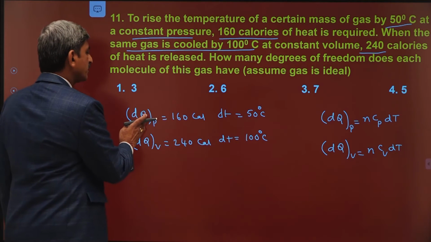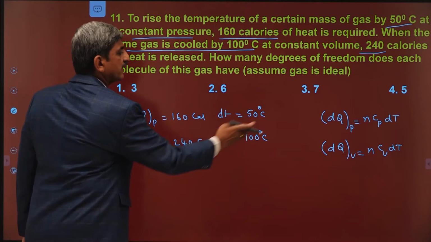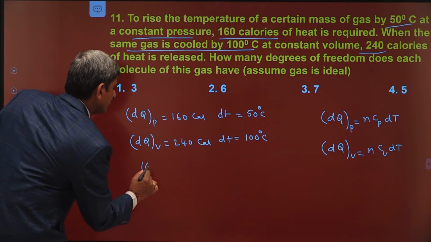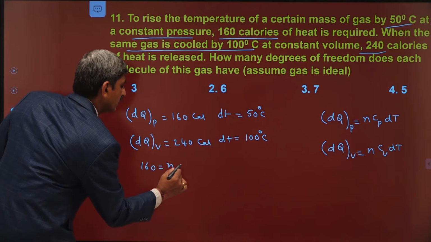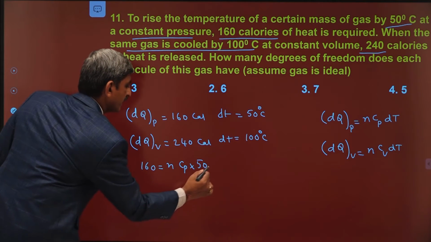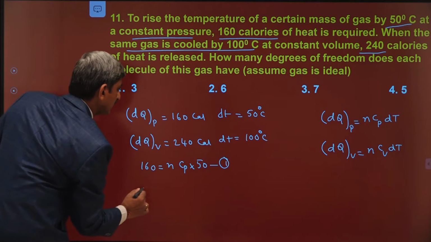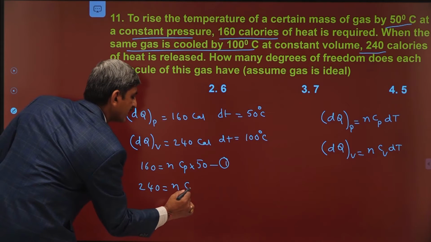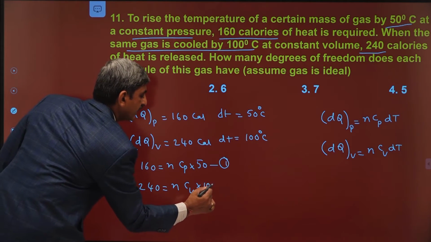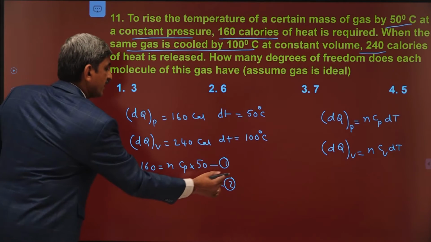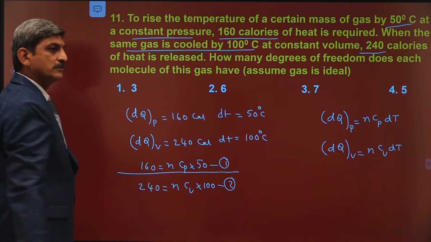Now substitute these dQp, dQv, dT values in the equations. Then we get 160 is equal to n Cp into 50, let it be equation number 1. Next, 240 is equal to n Cv into 100, let it be equation number 2. Now let us take equation 1 by 2.